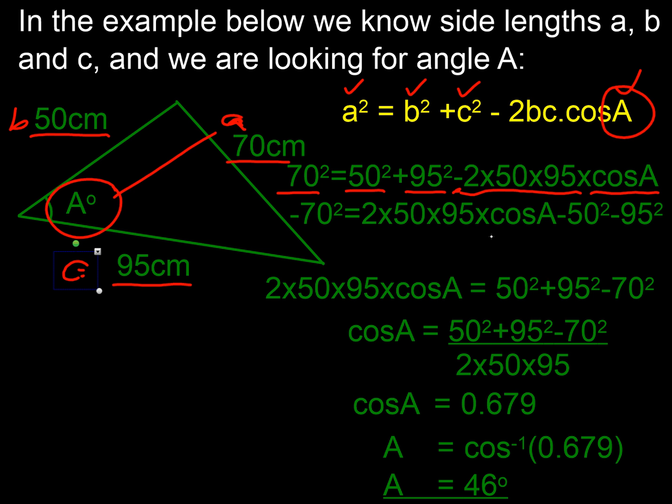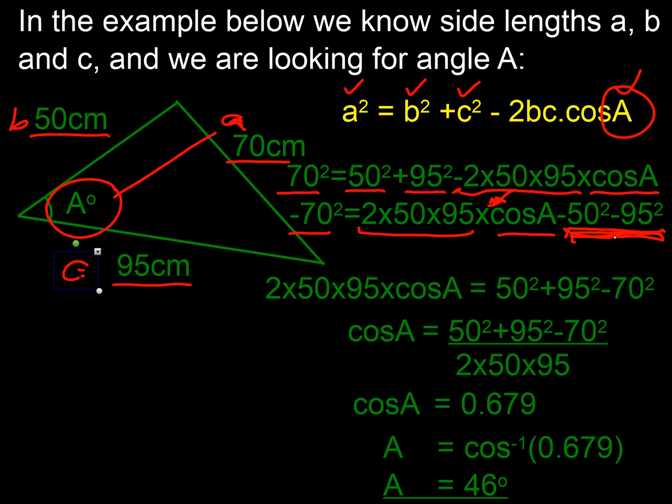So if I change the signs on the whole equation and change the order, I now have cos A multiplied by 2 times 50 times 95 at the front. But I've also got the two sides b and c being squared, taken away from it, and that's my a on the other side. It's now got a sign change. I don't really want the 50 squared and the 95 squared on this side. I want to get the cos A on its own.